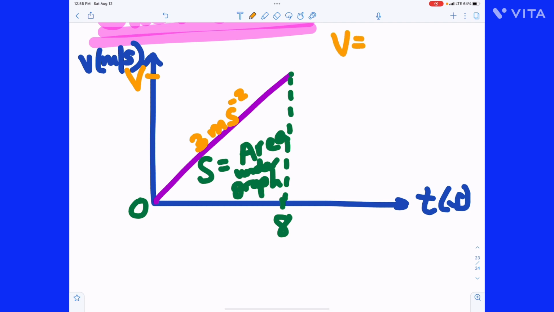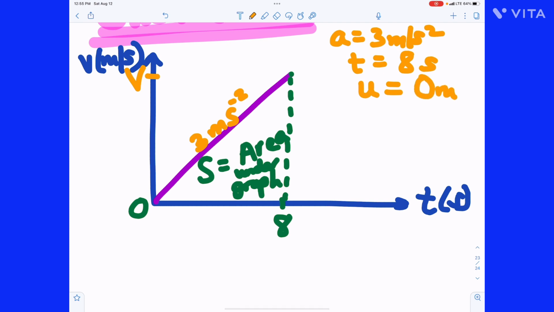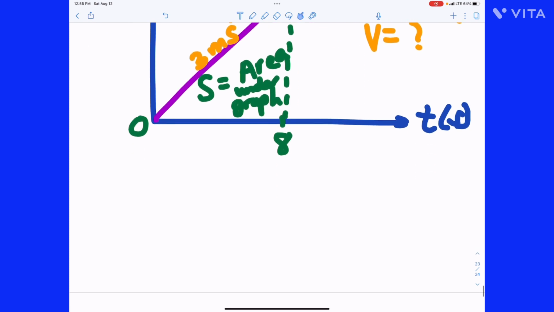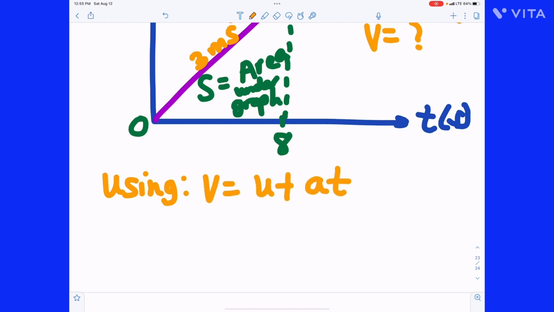Using v is u plus at. I know my acceleration as 3 meters per second squared. I know my time as 8 seconds. I know my initial velocity as 0 meters per second, but I don't know the final velocity. So v is equal to u plus at.